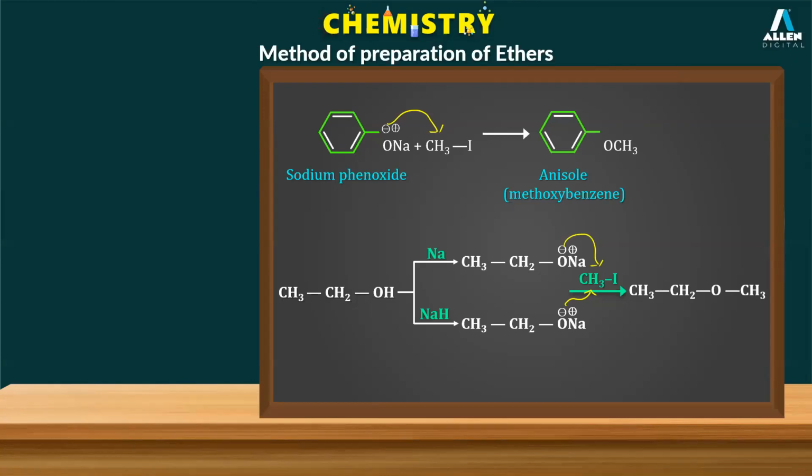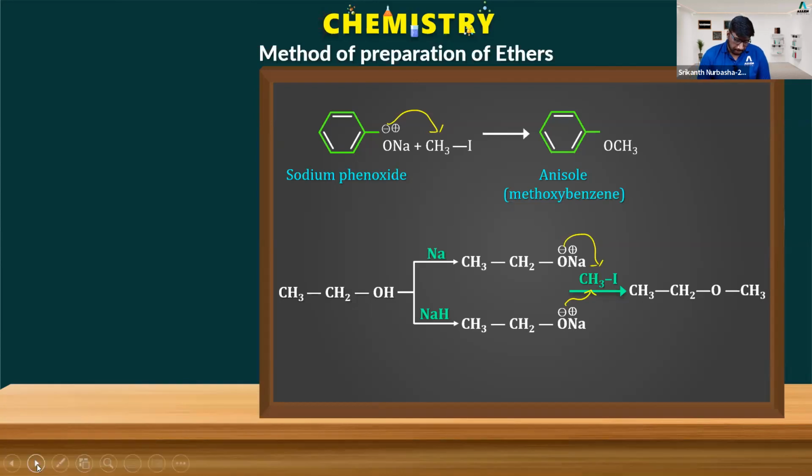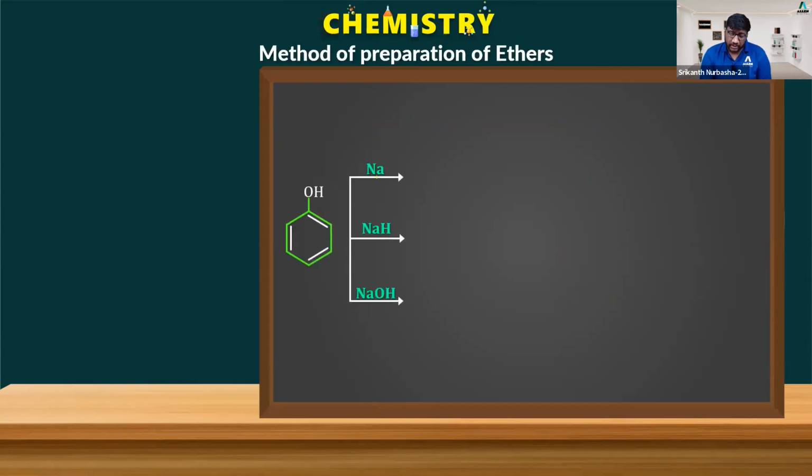Very simple reactions. Phenol treated with Na or NaH or NaOH. In all three cases, you will be getting phenoxide, C6H5O minus Na plus.